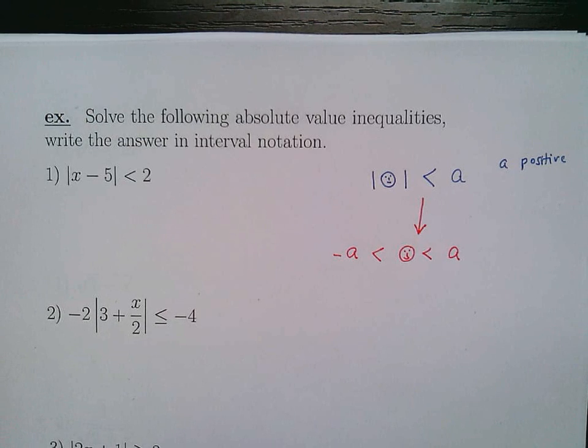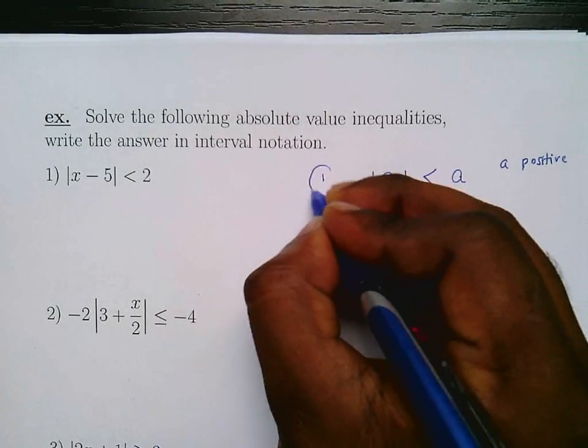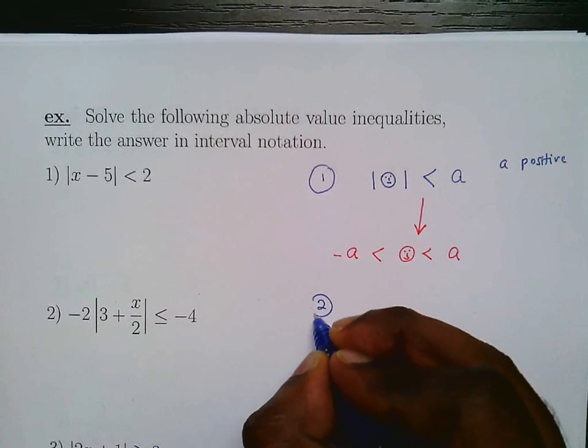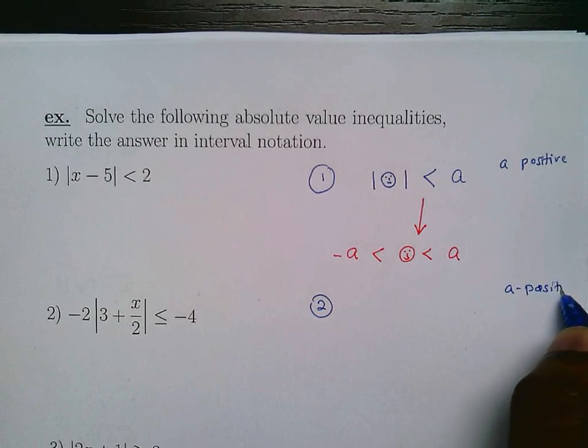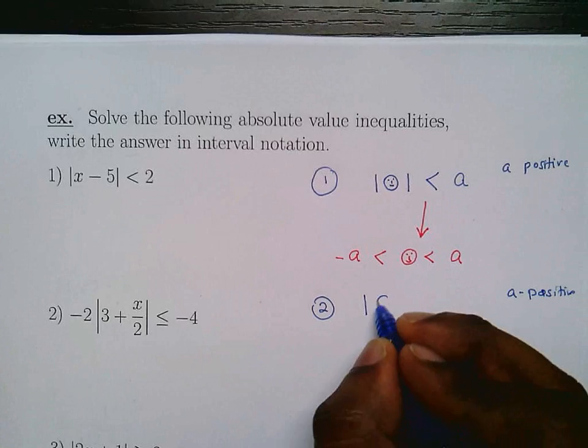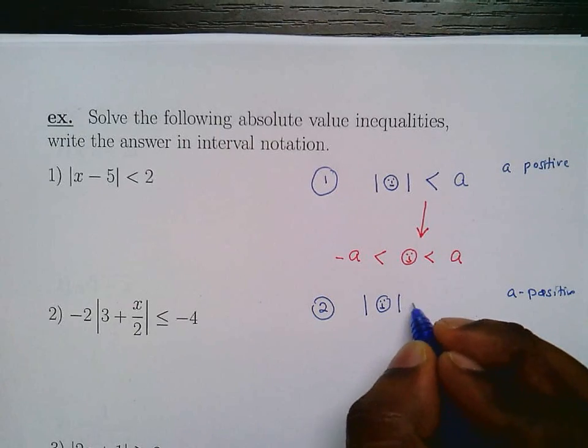This is the first type, and the second type is still a positive number a, but you have the absolute value greater than a.